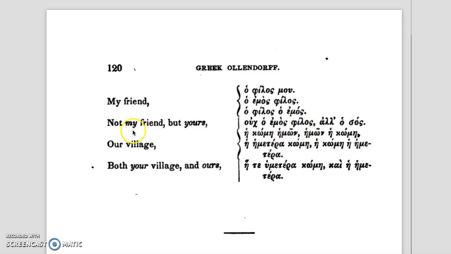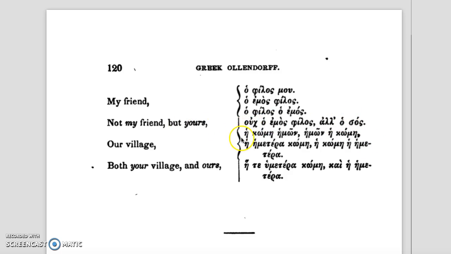Okay, now here's how it is when it's emphasized. That's what these italics mean in the English. It's emphasized. So we would say, uch o hemos philos, not the mine friend, al osos, but the yours, and it's used alone.